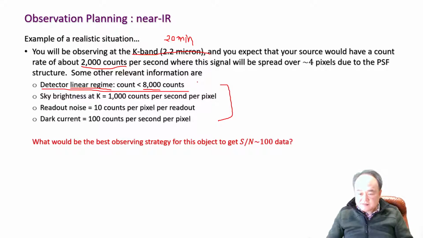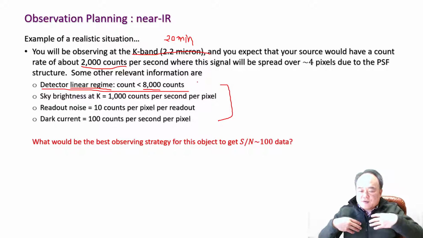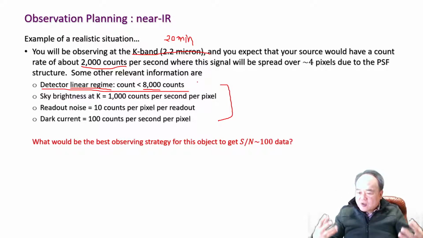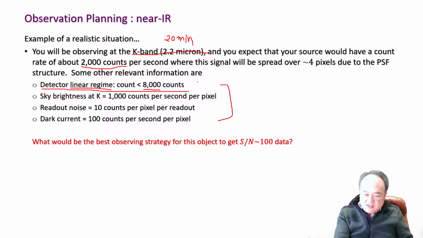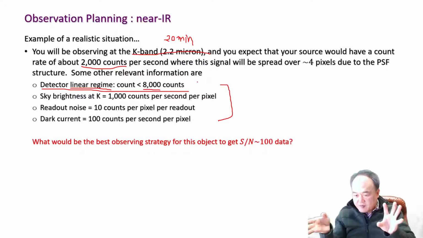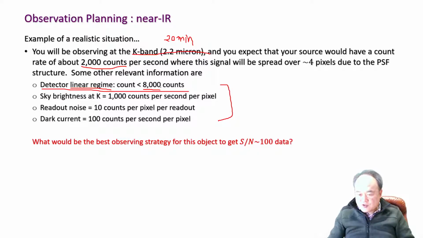If the accumulated count from the various sources, from your science target or noise counts, goes above 8,000 counts per pixel, then it becomes saturated. So you need to make sure that the maximum count per pixel remains below 8,000 counts.